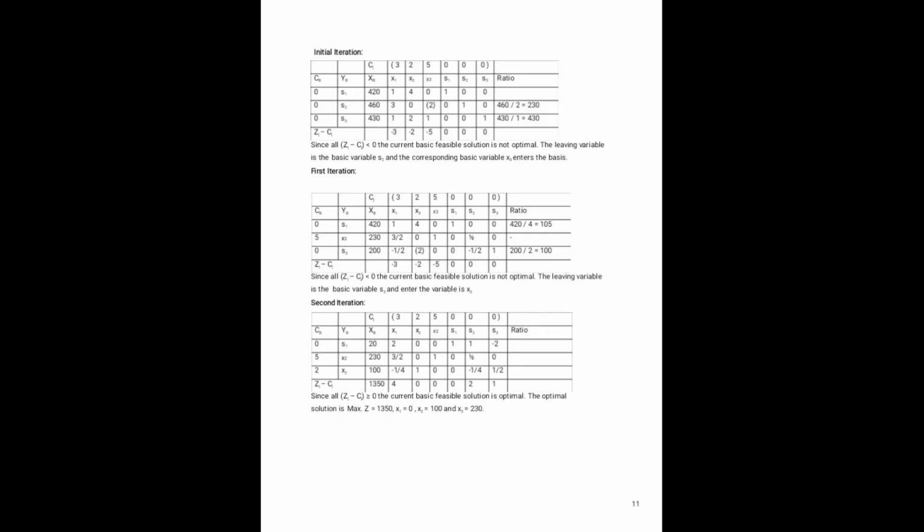In the initial iteration, the Cj values are 3, 2, 5, the CB column is 0, 0, 0 for the rows s1, s2, s3, and XB is 420, 460, 430.